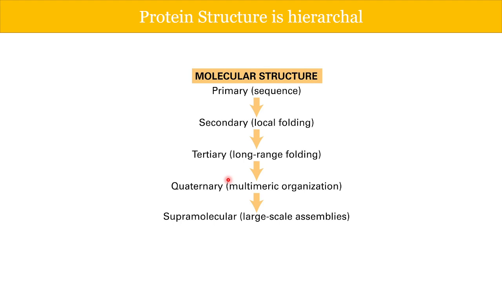So protein structure, if you have already seen, is hierarchical. From the primary structure, that is the sequence, it leads to the local folding of the primary structure, giving rise to alpha helices, beta strands and turns. That's the local folding, or the formation of secondary structure. Then these secondary structures lead to long-range folding between multiple regions, and we get the tertiary structure.